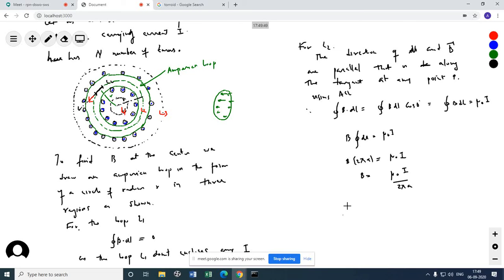Now generally a coil will have a large number of turns, is it or not? For n turns, what should I get?